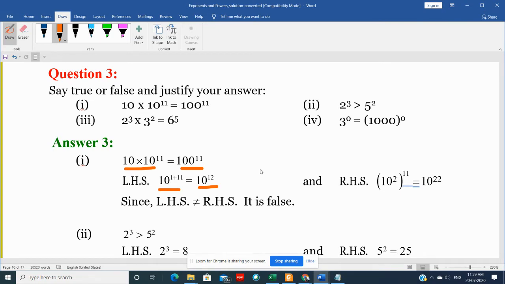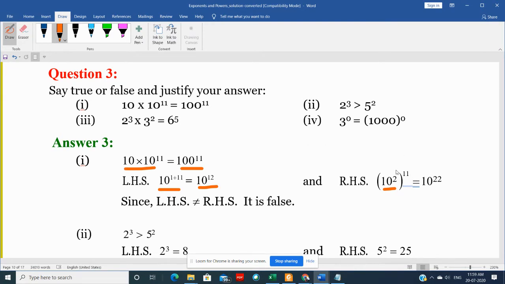I've already told you in our first exercise that whenever you need to compare, the very smart thing to do is make the bases same so that it becomes very easy for us to compare. So here, instead of 100, we will write 10 raised to 2 and this 11 power will remain same.